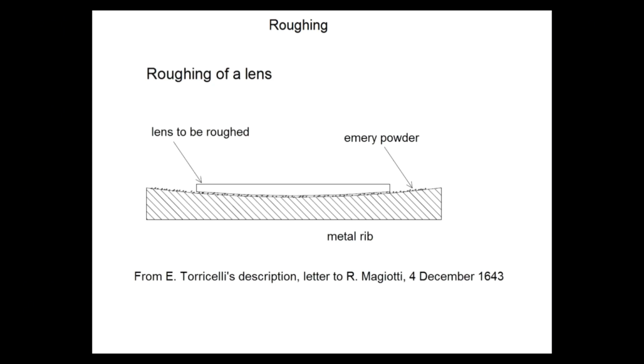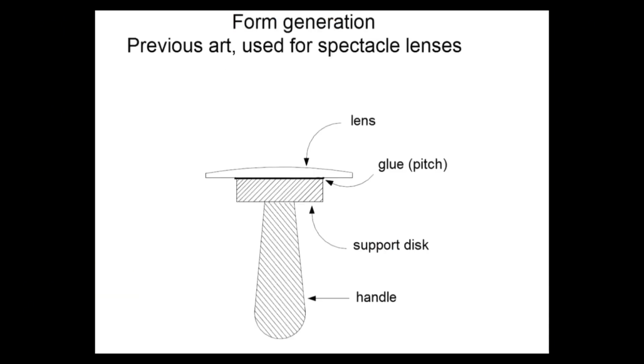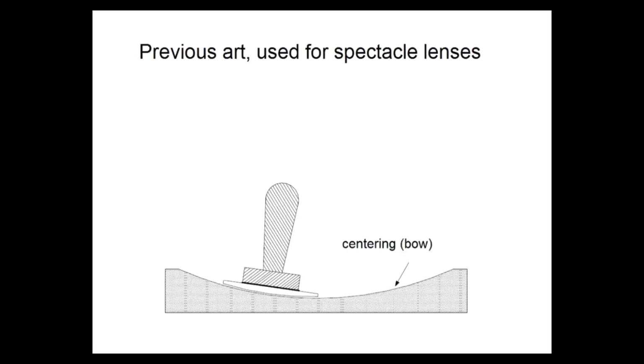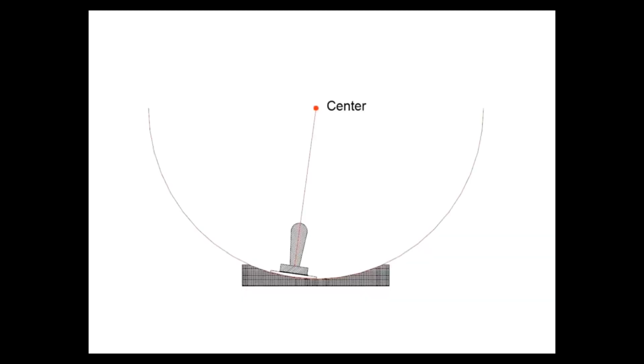The actual tool is curved. Another method is to glue the lens on a handle and use this support to actually grind the lens on this metal tool that has a desired curvature depending on the radius of curvature you want to achieve. And many of these tools have very small curvature.